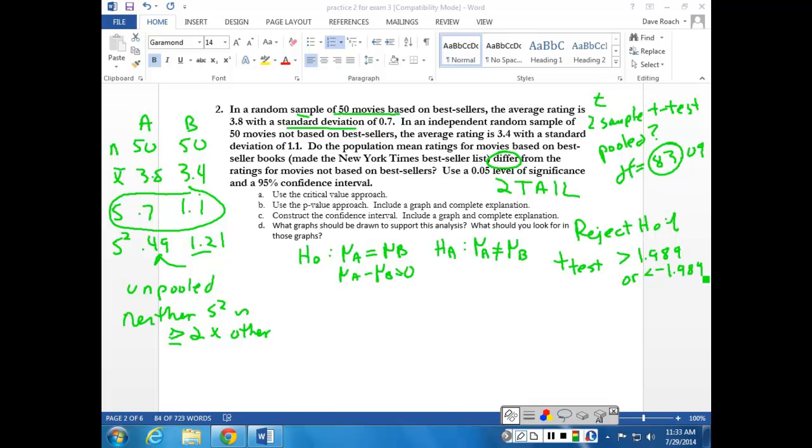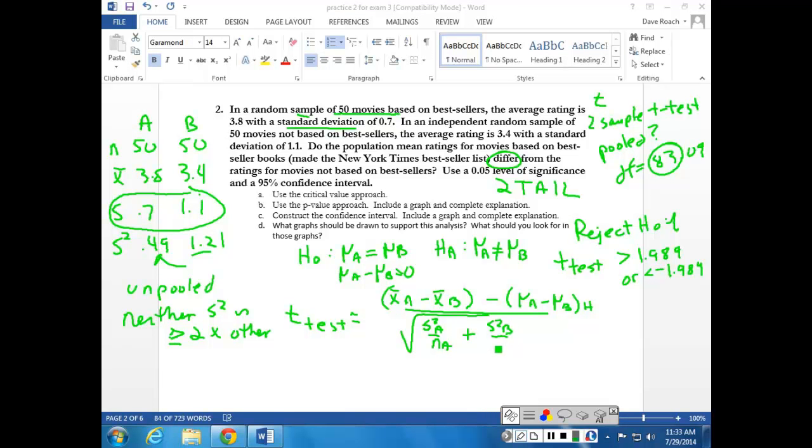So now the t-test is going to equal the statistic x bar A minus x bar B, minus mu A minus mu B hypothesized, over the standard error, which is the square root of s squared A over n A plus s squared B over n B. My calculator says that's going to be about 2.17.